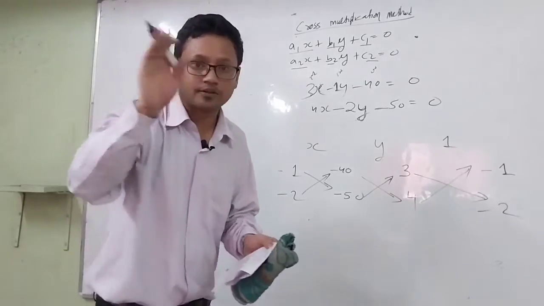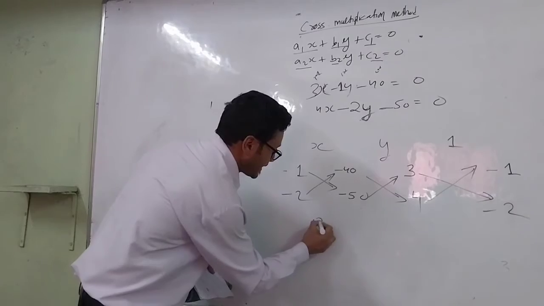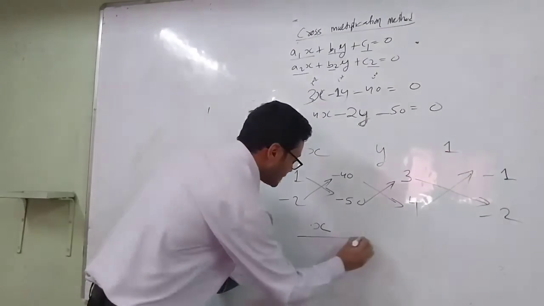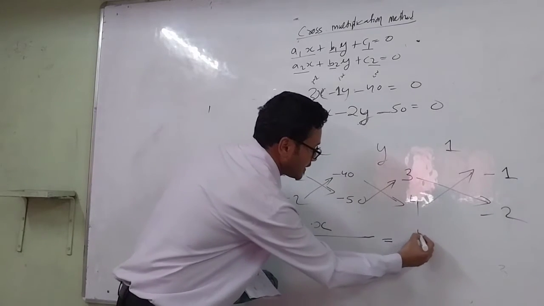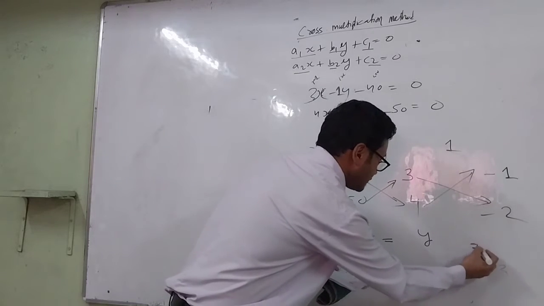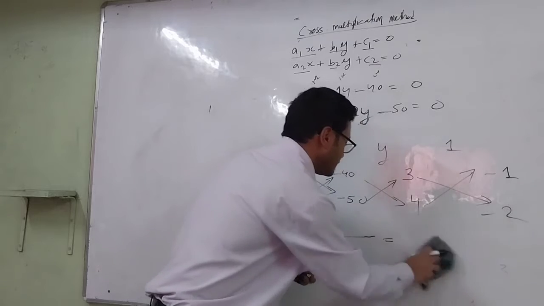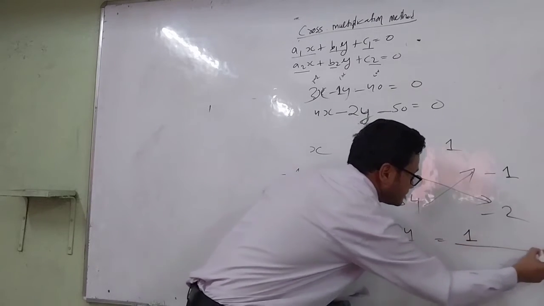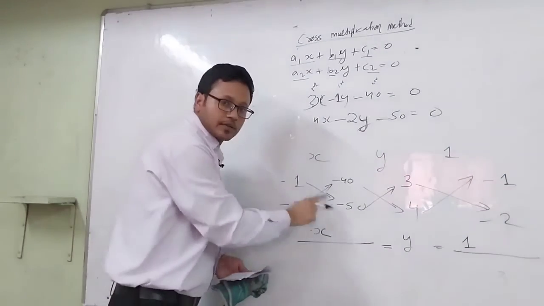Cross multiply means cross multiplication. Okay, now after this, again first write x, then make the bracket out here, then again equals to, then write y, understood, then write again equals to 1. First we have to write y out here, then equals to 1. Now see, after this again we have to multiply -1 and -50.